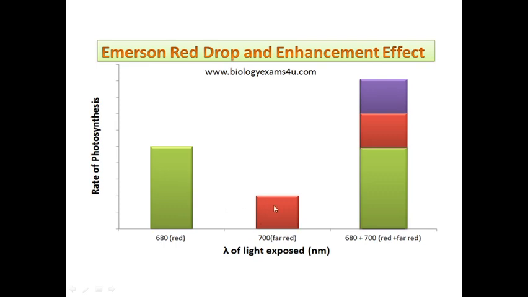This is called Emerson's red drop effect. Then he combined both wavelengths and gave them to the plant, and there was an increase in photosynthesis more than the two given individually. So it is called Emerson's enhancement effect.